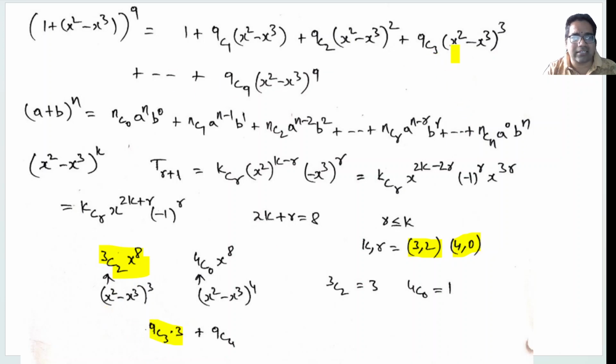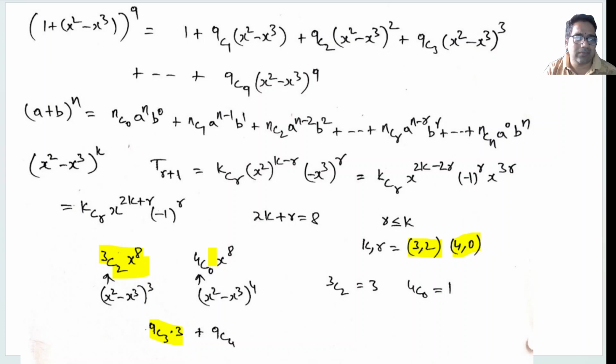Then again the next term, that is 9C4 (x square minus x cube) whole power 4. Right. There will also be one term where x power 8 is there. Right. Obviously, what is that term? That is obviously (x square) whole power 4. Right. That is obviously the first term. First term only. What is it? 4C0 x power 8 and minus 1 power 0.